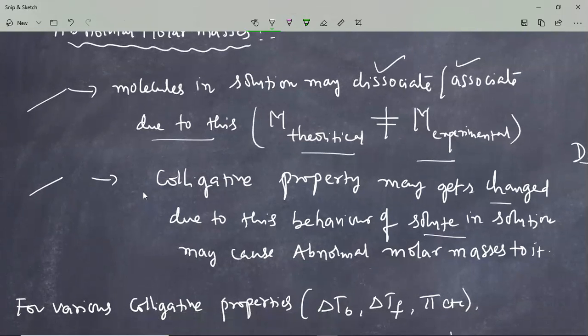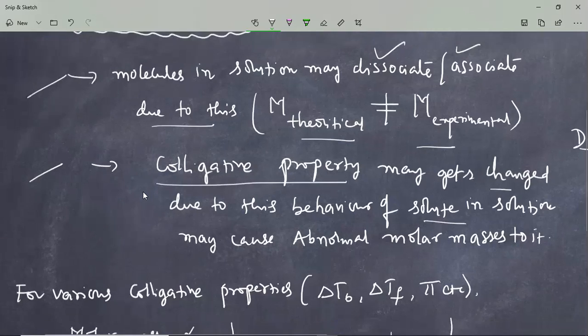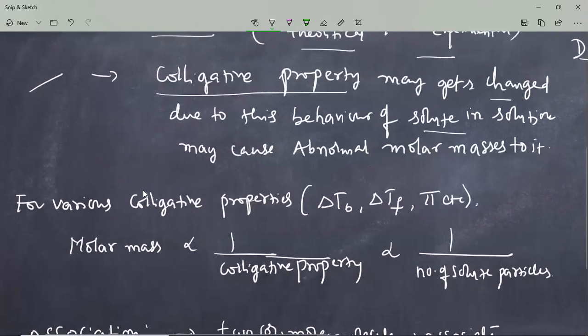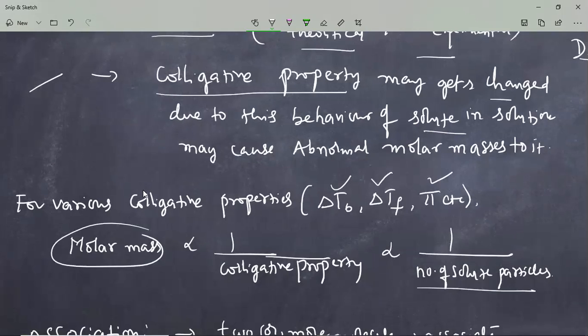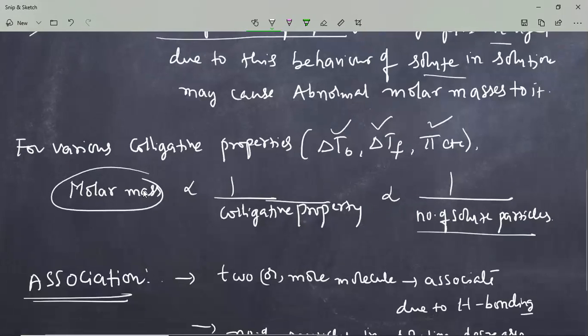The reason is this dissociation or association, which changes the colligative property, like delta TB, delta TF, and osmotic pressure values. These colligative properties depend on the number of solute particles and are inversely proportional to molar mass, so a colligative property change means a molar mass change.